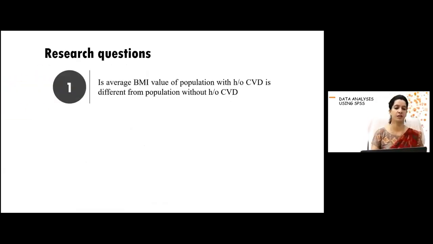So for the independent sample t-test, if you see the research question, the first research question could be: is the average body mass index value of a population with a history of cardiovascular disease different from a population without a history of cardiovascular disease?